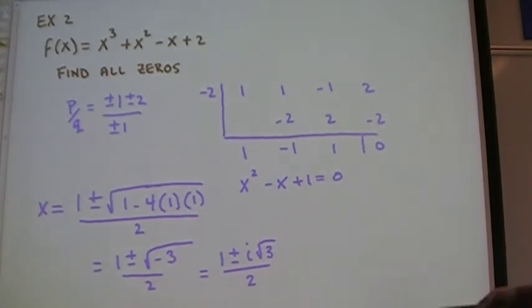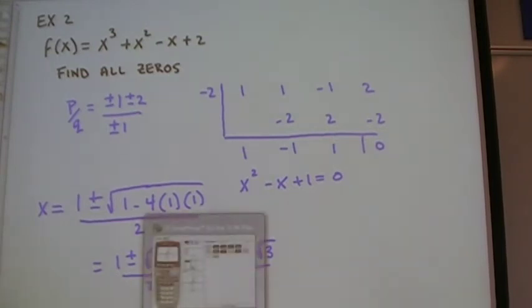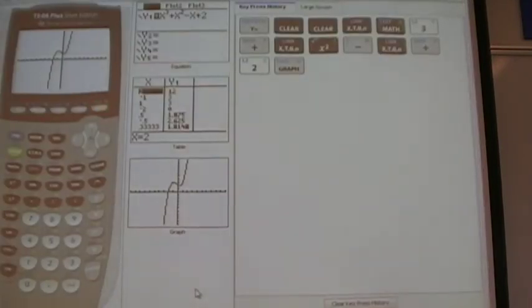But here it tells me to find all of them. So you go to your calculator, get out your calculator, and type into y equals that function: x cubed plus x squared minus x plus 2.